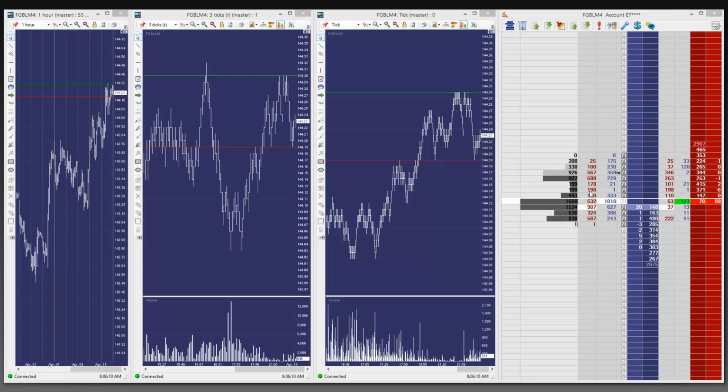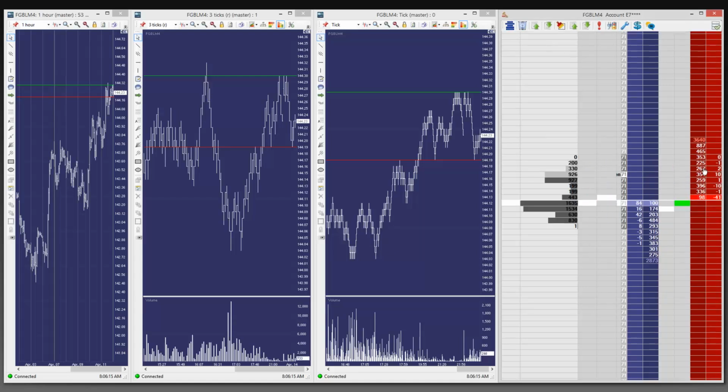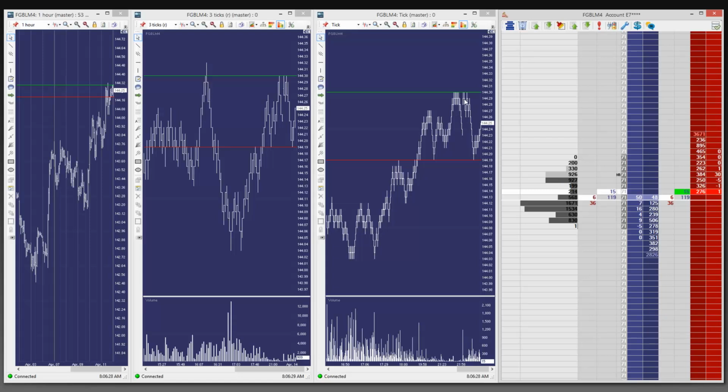You're seeing buying and selling going through, buyers hitting the offer and the sellers hitting the bid. We've got a volume profile. This is basically raw market data as we see it. This is a visual of basically what prices are traded.